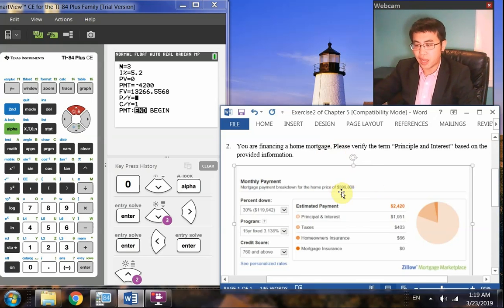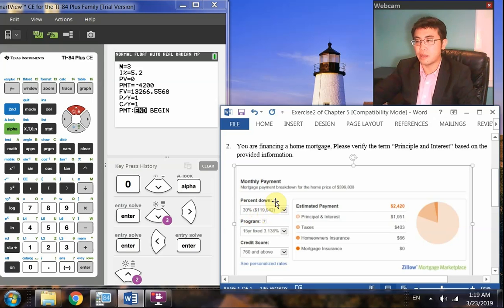The price of the house is $399,808. That's a pretty normal price for that area, and the percentage for down payment is 30%. So I'm going to put $119,000 as a down payment.